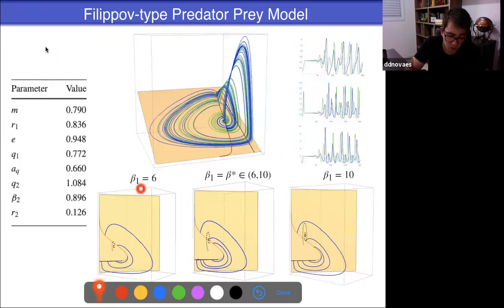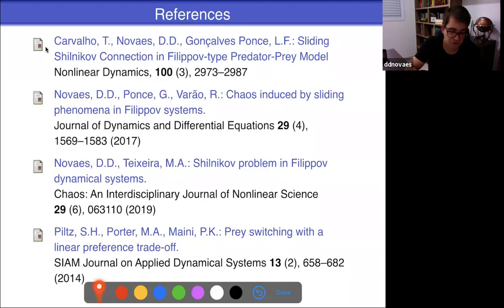So for beta 1 equals 6, the pseudo equilibrium is below the red return curve, and for beta 1 equals 10, the pseudo equilibrium is above the red curve. So eventually, this pseudo equilibrium has to be on the return curve, and then we have assured the existence of a Shilnikov connection.